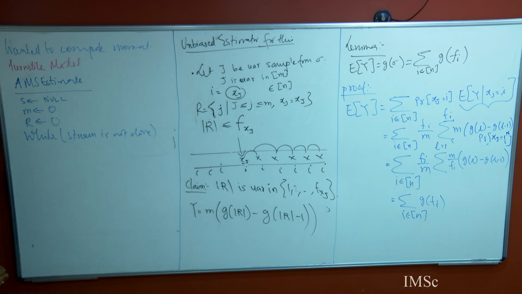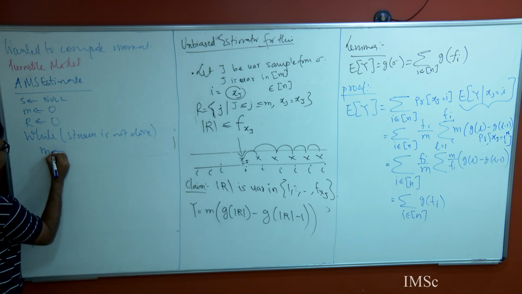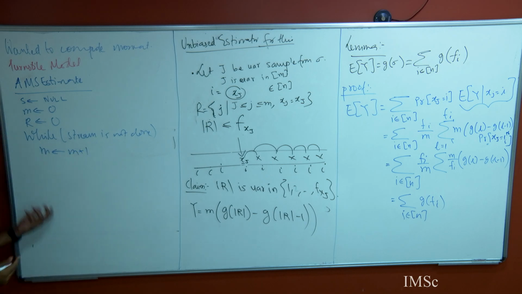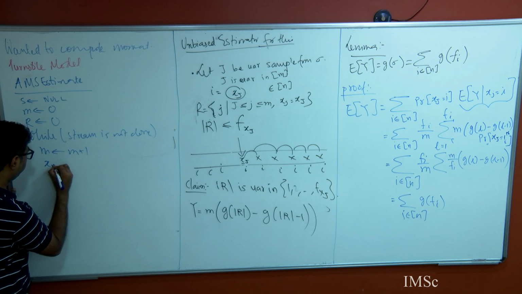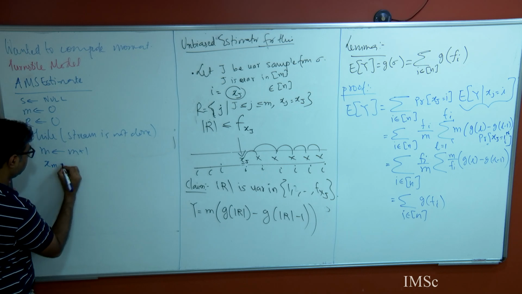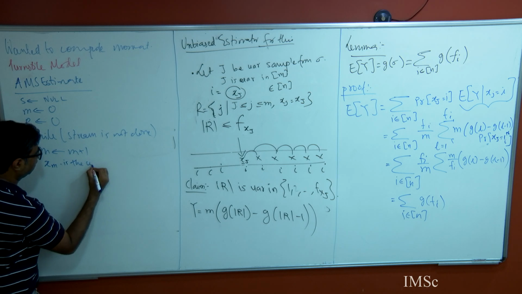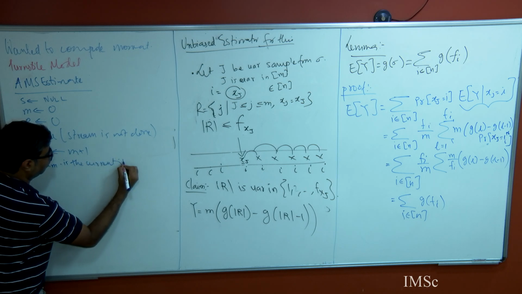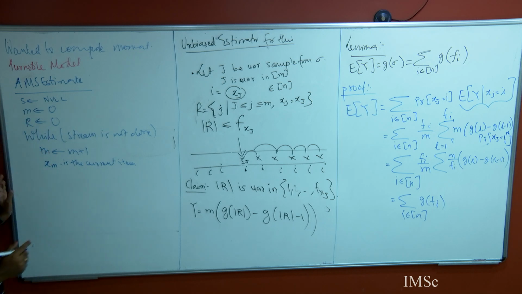While the stream is not done, what should I do? First thing, I increase my m, the number of items. Suppose x_m is the current item. What should reservoir sampling do at this point?